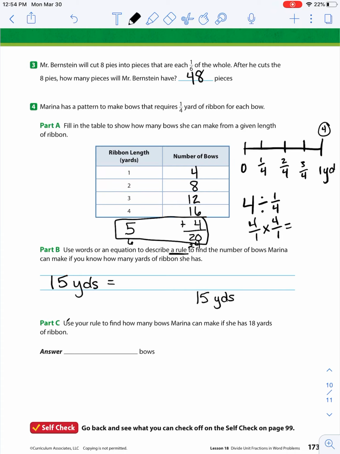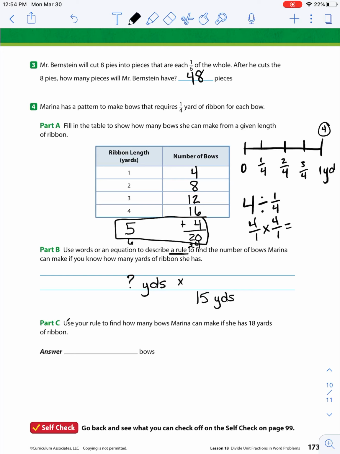So in other words, X number of yards, so however many yards Marina has, if you multiply that, I'm going to change that X to a question mark.